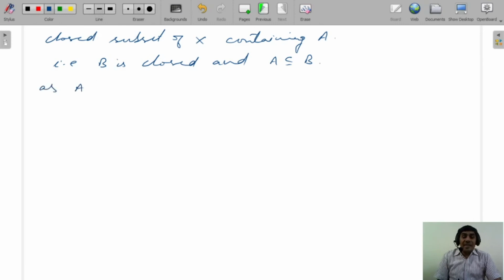As A contained in B, this implies A closure is contained in B closure, which is equal to B, because B is closed.